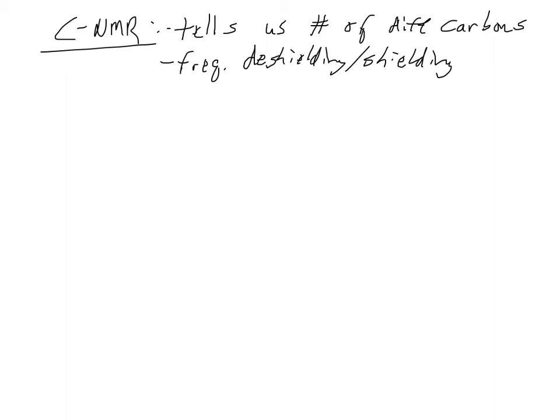But other than that, the ranges kind of overlap, and it's not that useful. Also, the integrals don't matter. Very sad. You don't integrate carbon-13 NMR peaks. It doesn't tell you anything.